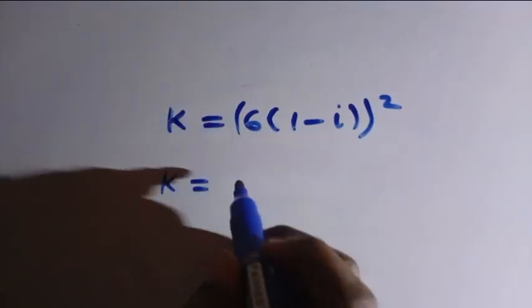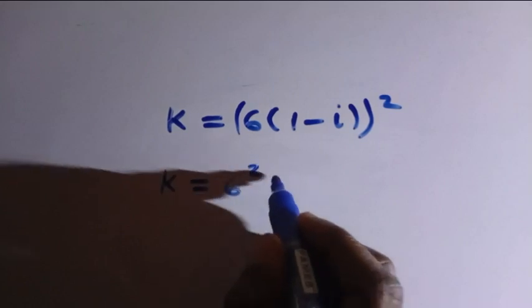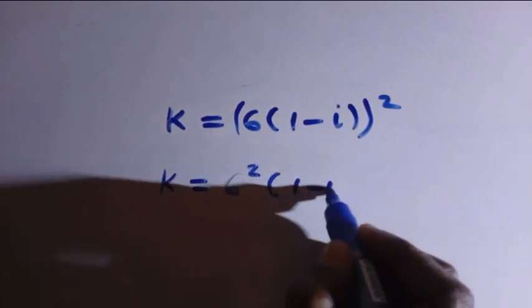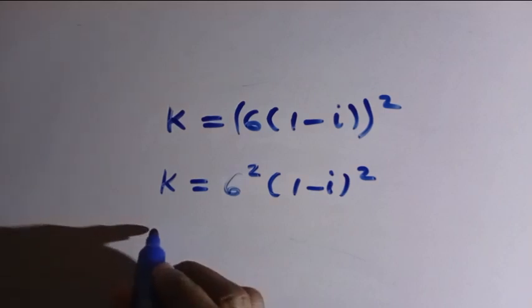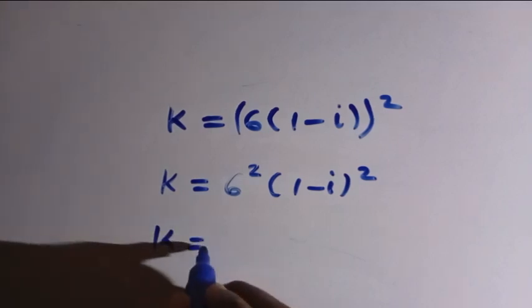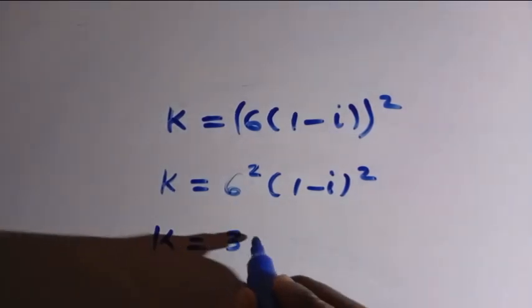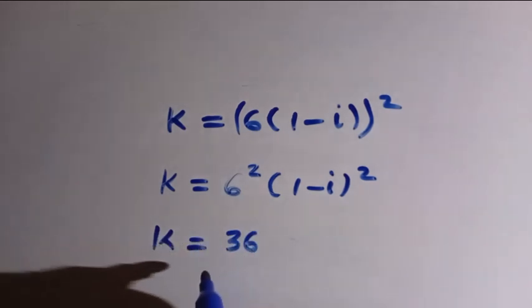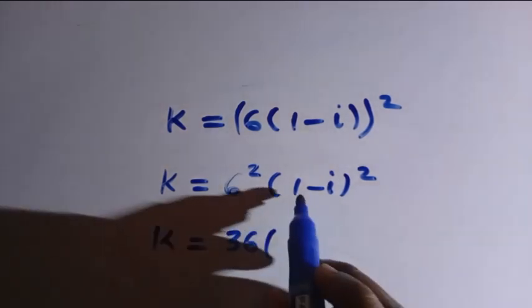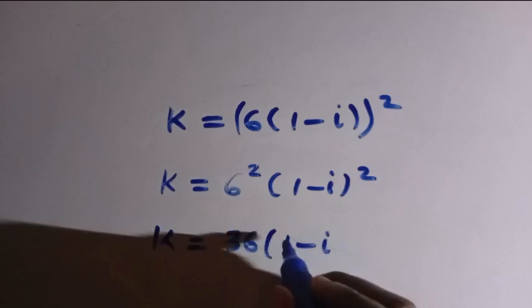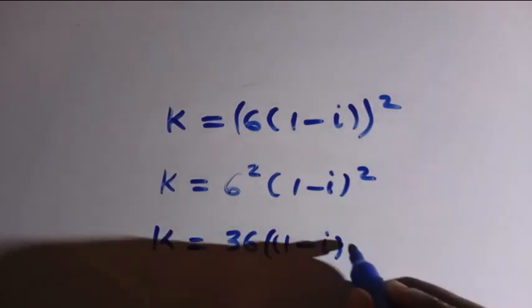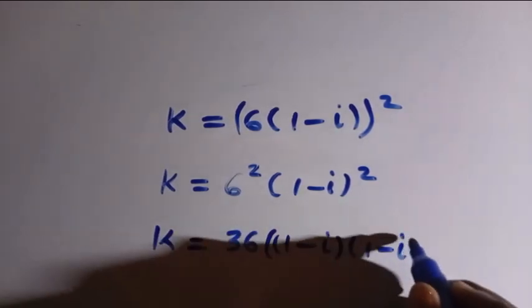It means 6 will take squared, and also 1 minus i will also take squared. So here we have k equals 6 squared, that is 36, into bracket of, we have to expand this out as 1 minus i, then multiply by 1 minus i.